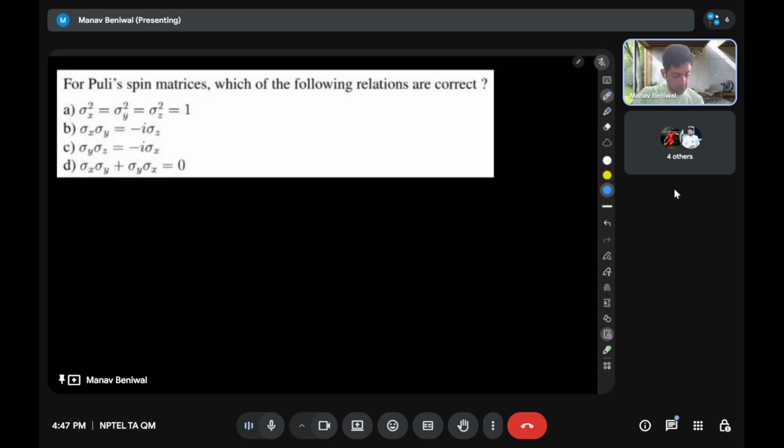Let me just write out what these are. These are some 2 cross 2 matrices. We have 3 of them: sigma x, which is this, sigma y, and sigma z.